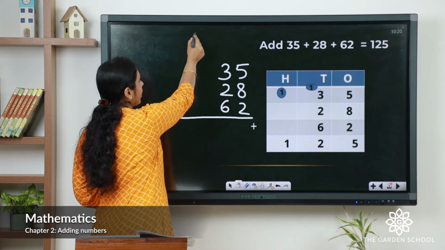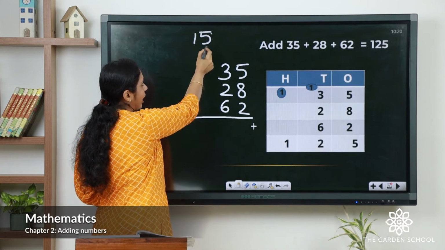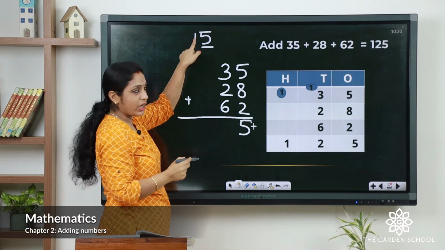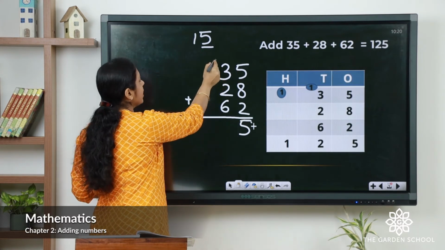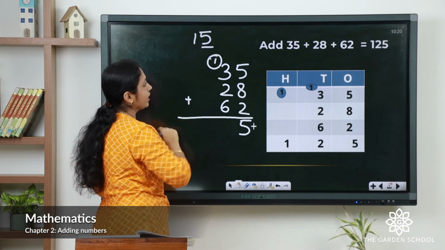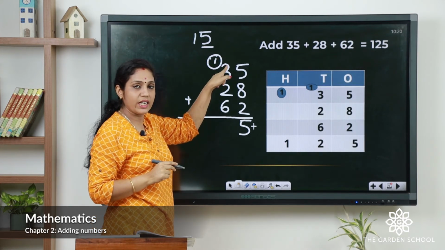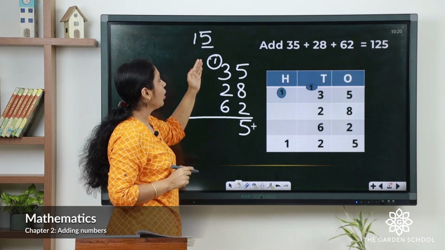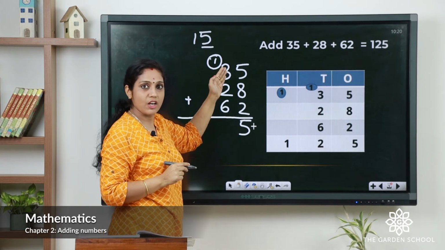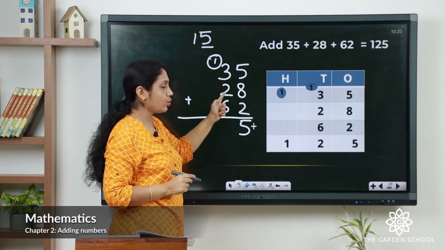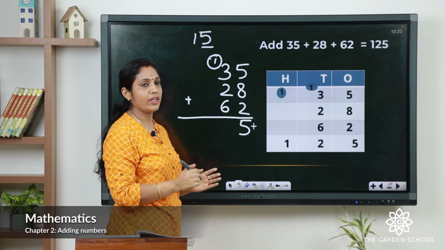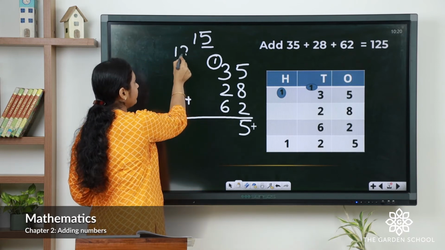In that 15 we write the number 5 which is in the ones place in this ones place, and this one we are going to carry over to the tens place, and this one we have to add with the numbers which are there in the tens place. So, how we are going to add? 1 plus 3 is 4, 4 plus 2 is 6, 6 plus 6 is 12. Again we have 12 here.